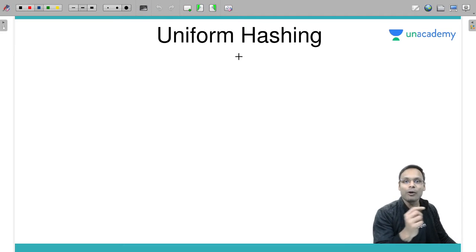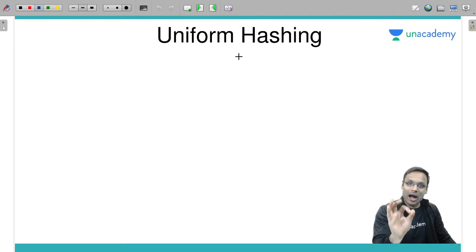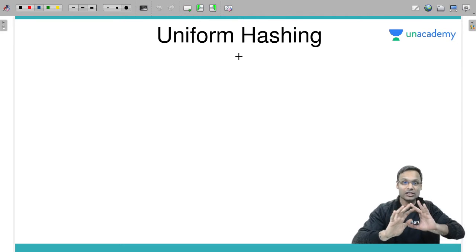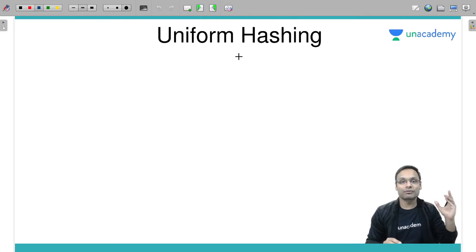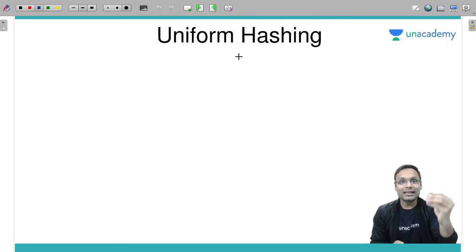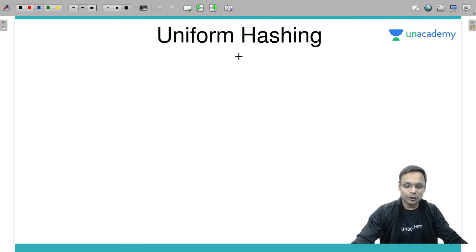Okay, here uniform hashing means you should have a hash function in such a way which can generate all the locations. एक ऐसा हैश फंक्शन जो आपकी रेंज के सारे लोकेशंस जनरेट कर सकता है, that is uniform hashing, which should be called a fair hash function. एक ऐसा हैश फंक्शन बनाओ जो आपके टेबल के सारे लोकेशन जनरेट कर सकता है, that is uniform hashing.